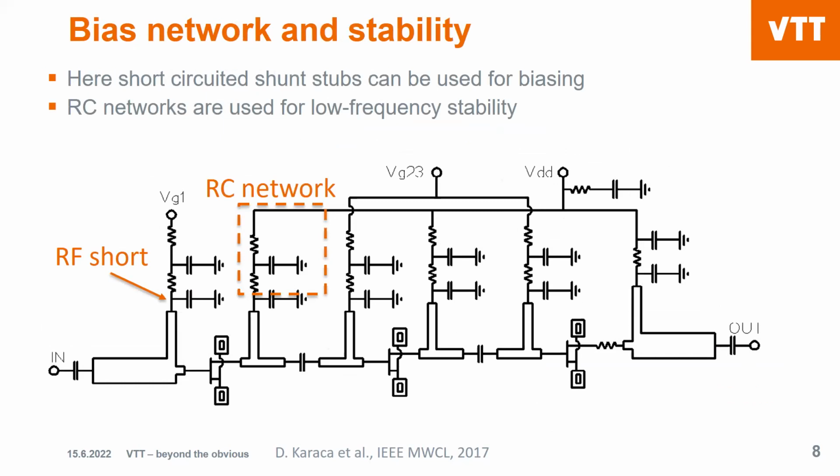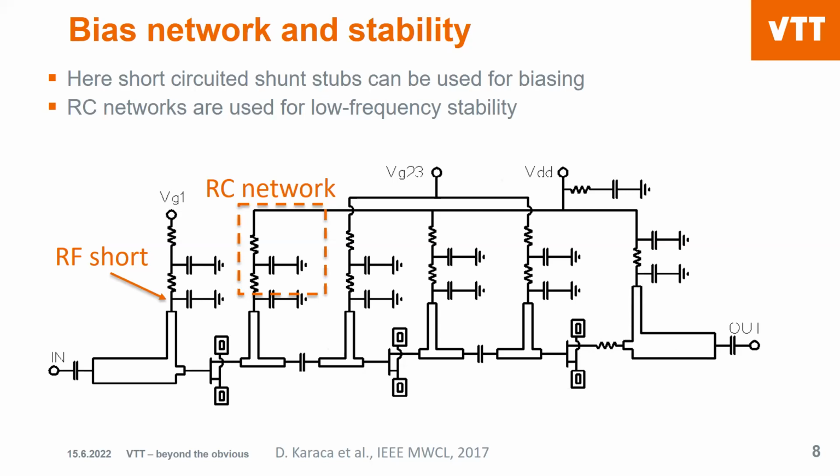Then the important part is the bias network for the design. How you actually implement an RF short-circuited shunt stub where you can then bias your transistors is that you add a capacitor. I have shown that as an RF short. If the capacitor is large enough, it will short the RF to ground.